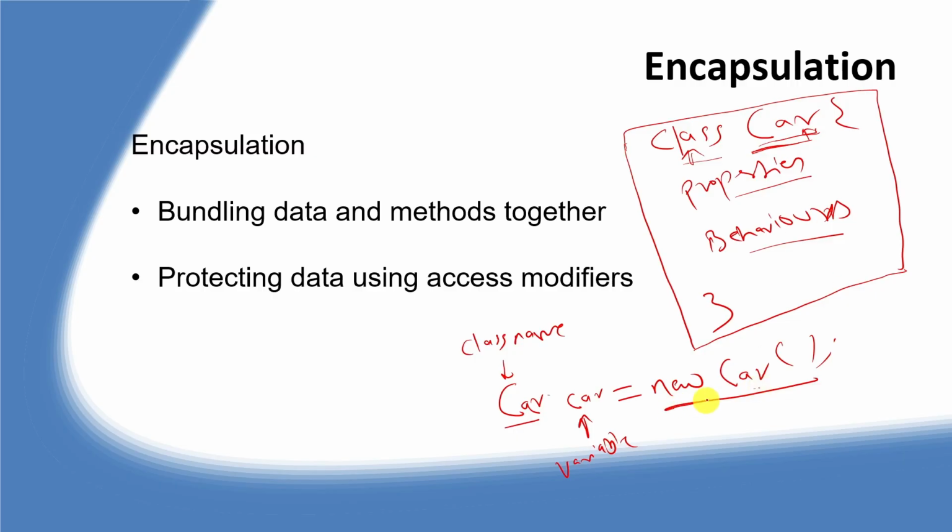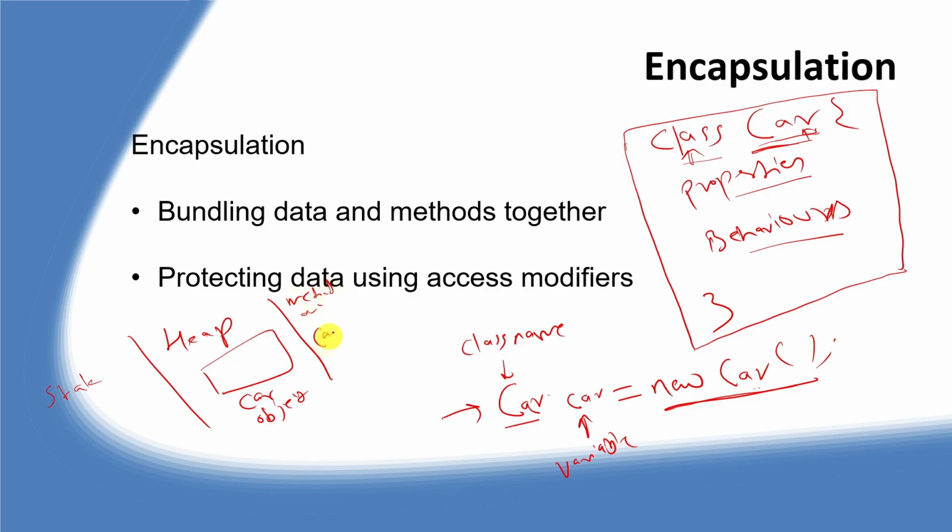This statement will create an object in the heap memory. Think of it like this: stack and heap. There the Car object will be created. In the method area, the Car dot class file will be loaded.